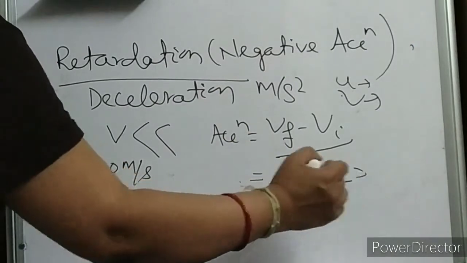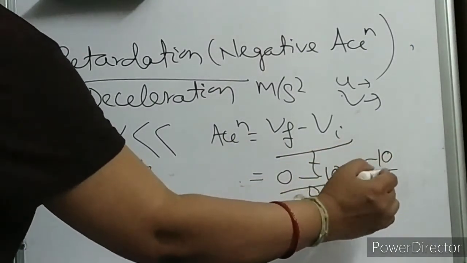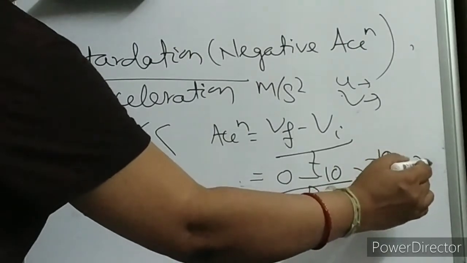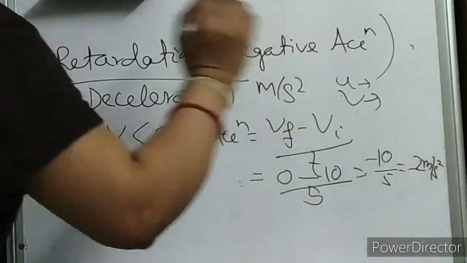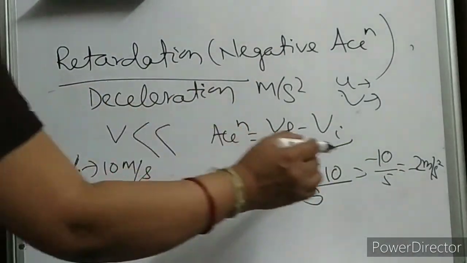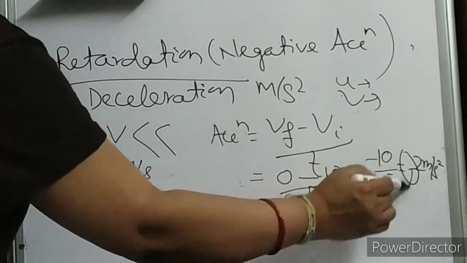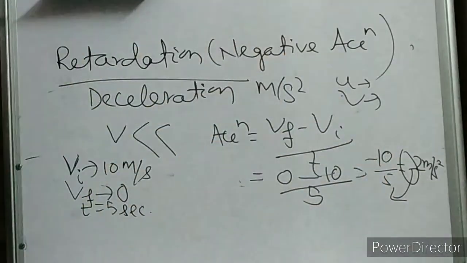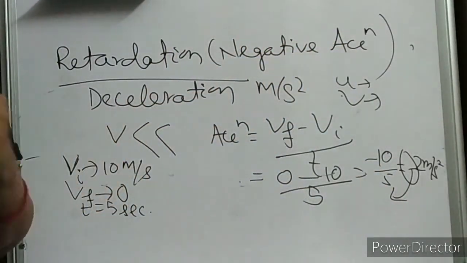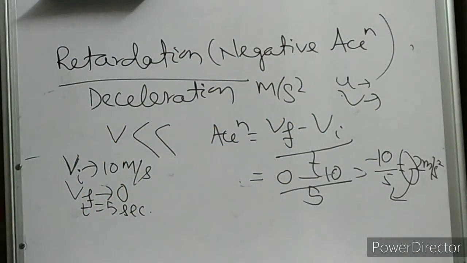So what is your acceleration now? Minus 10 by 5, which means minus 2 meter per second square. Is it clear, children? This minus shows that the body is accelerating but in a negative way, that means velocity is decreasing.